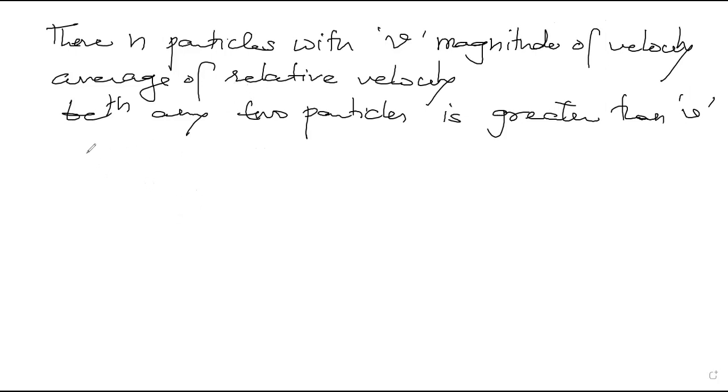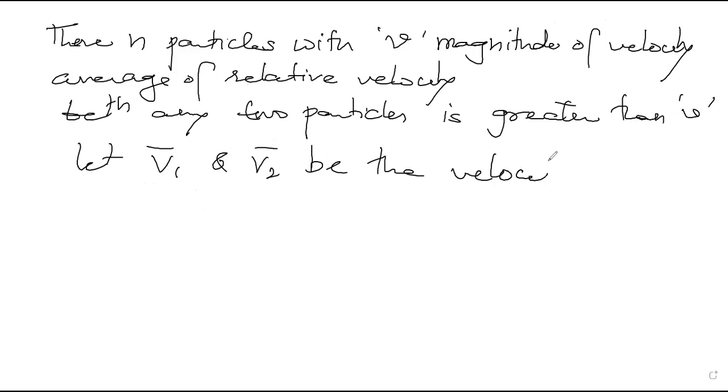First of all, we consider any two particles. Let v1 and v2 be the velocities of any two particles. Then the relative velocity between them is given by v1 minus v2.